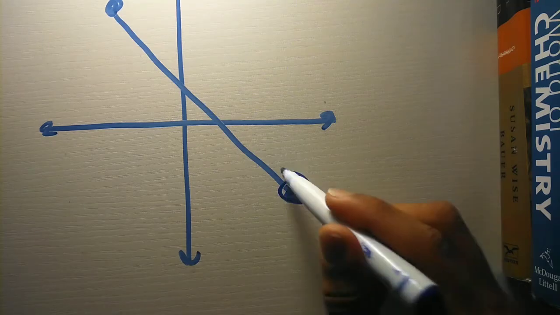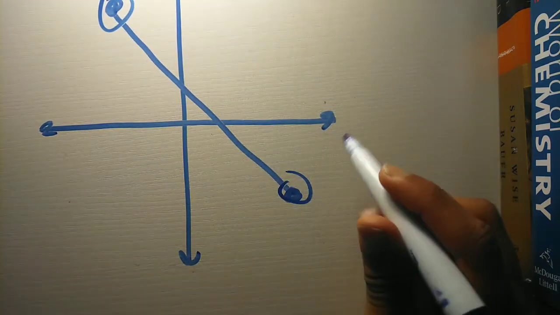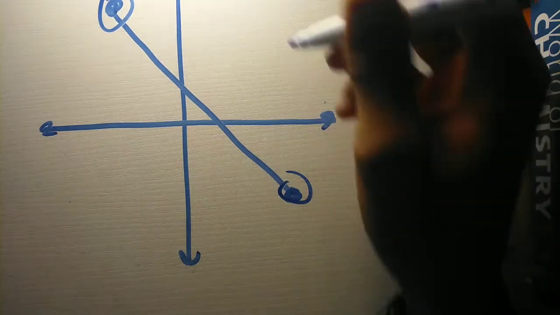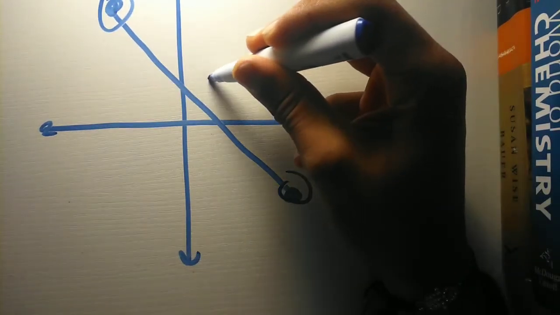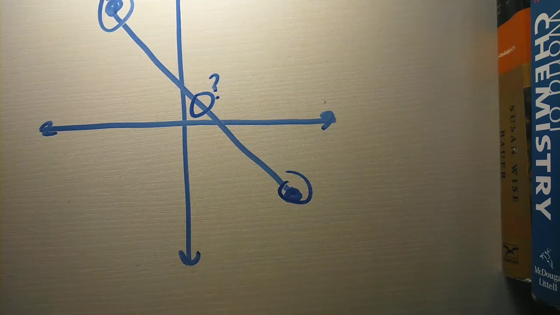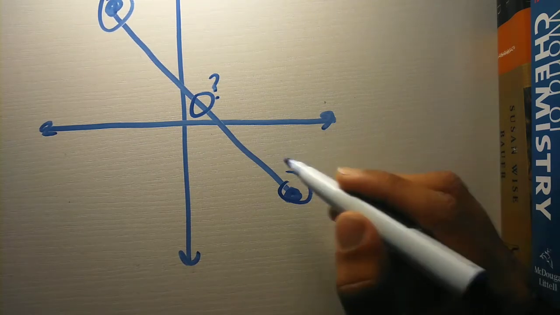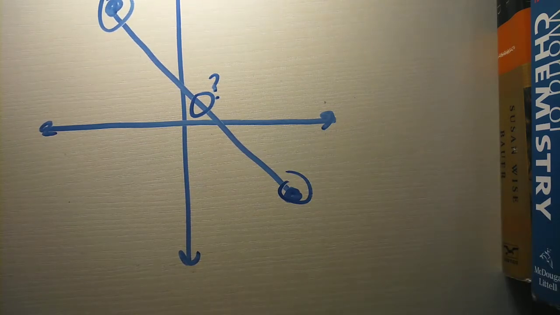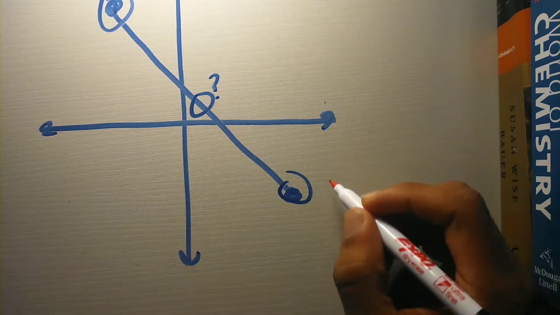There are two endpoints. Two endpoints define a line segment, and what we're trying to find is the midpoint. Where's the midpoint? How do we figure that out? Well, let's give these imaginary points coordinates.